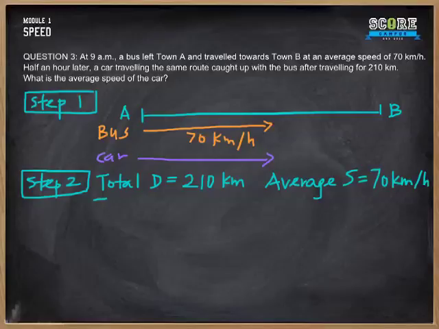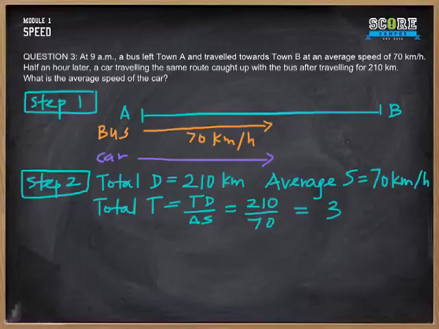Total T is equal to total D over average speed, which is 210 over 70, which is 3 hours. So it was 3 hours into the journey when the car actually caught up with the bus.